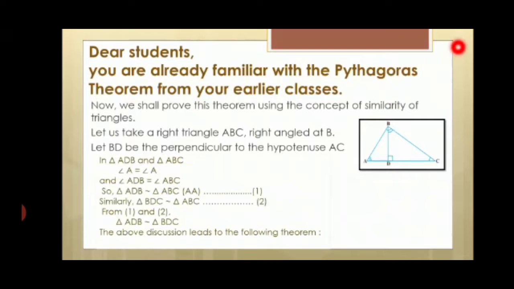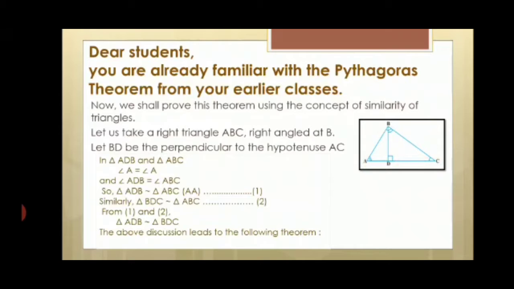So if you see this figure once again, I have this triangle and this triangle. These two triangles are similar to each other. Triangle ADB will be similar to triangle CDB. Also, they will be similar to the bigger triangle also.